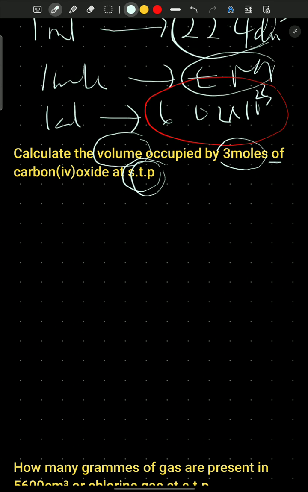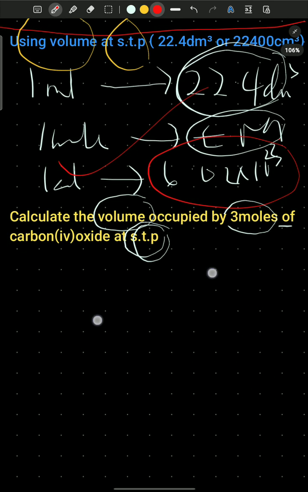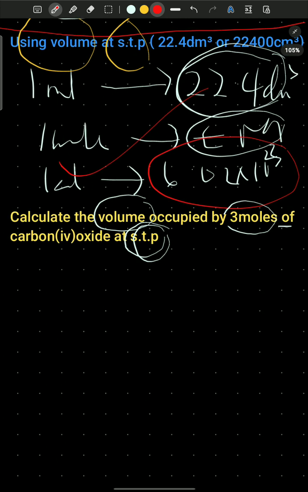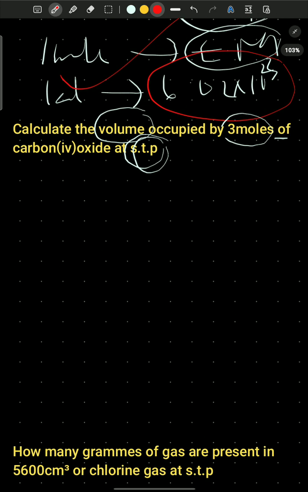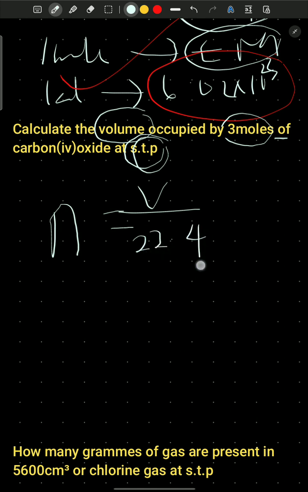So there are 2 ways by which I will solve this. I would love to use the theoretical explanation I explained above. Can you see 1 mole is equal to 22.4, or 1 mole is equal to the exact molecular mass, or 1 mole is equal to 6.02 times 10 to the power 23. Or there is a formula approach too. The formula is that mole is equal to volume all over 22.4, if it's in dm cube.